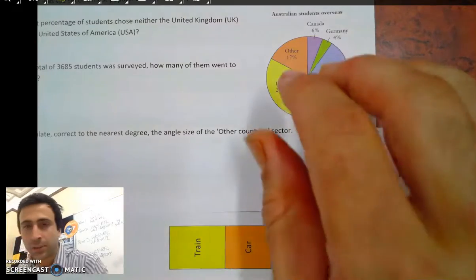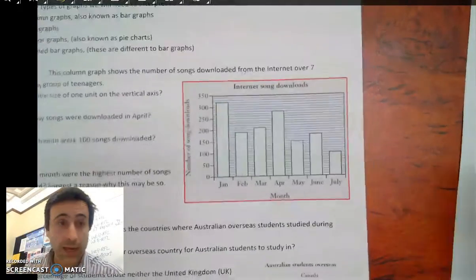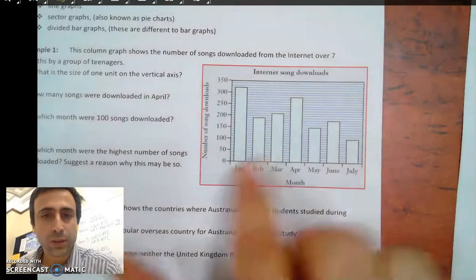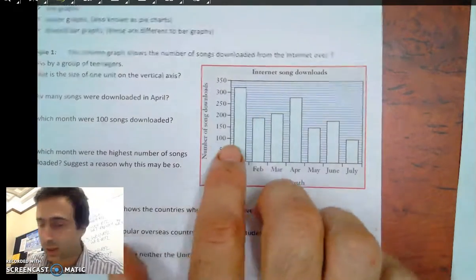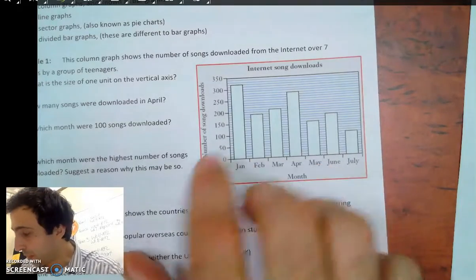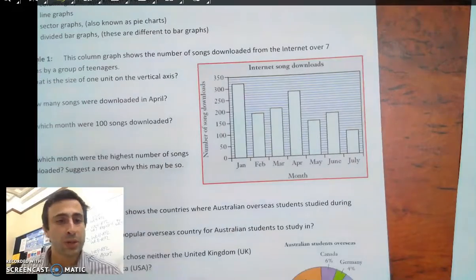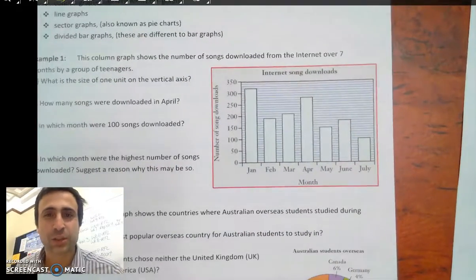Whereas if we look up here, line graphs and bar charts hold a little bit more information. You can compare a lot more things, and they're comparing two things here. Now, as I said before, it amazes me how many people look at a chart and don't actually know what the chart's about.